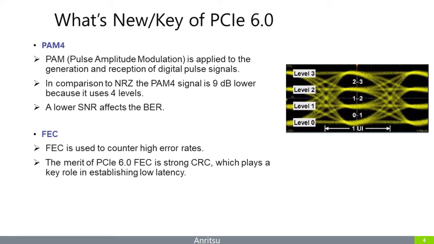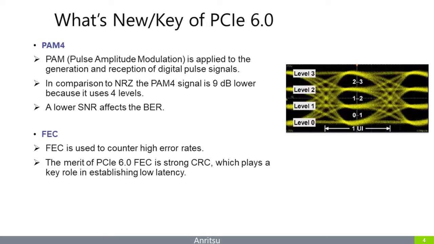Gen 6 uses PAM4, a 4-level modulation scheme. Compared to NRZ, the PAM4 signal has a 9 dB SNR reduction because it uses 4 levels. So automatically you lose 9 dB SNR.